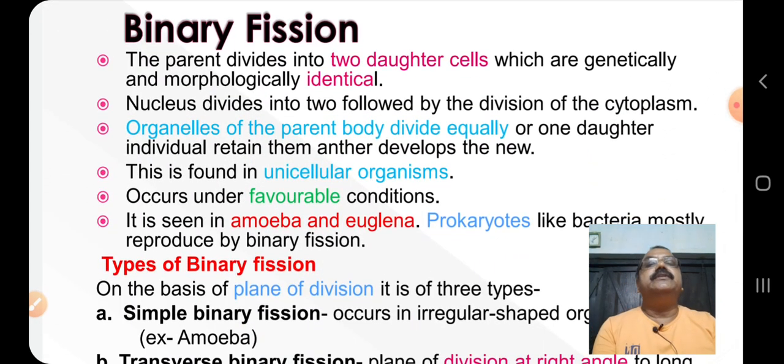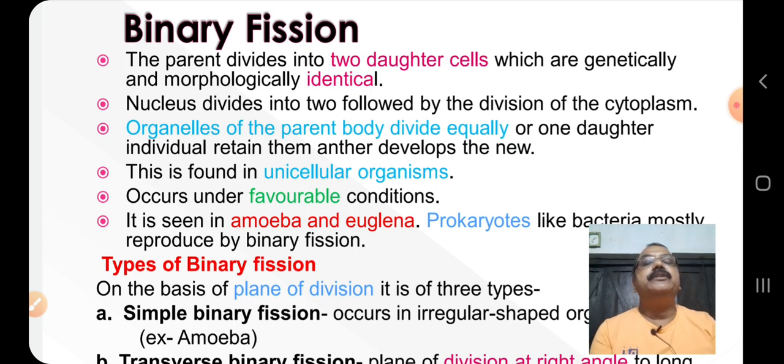In case of binary fission, the parent body divides into two daughter cells. The daughter cells are genetically and morphologically similar or identical to the parents. In this process, the nucleus divides into two, followed by the division of cytoplasm.